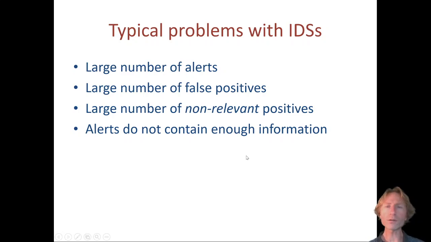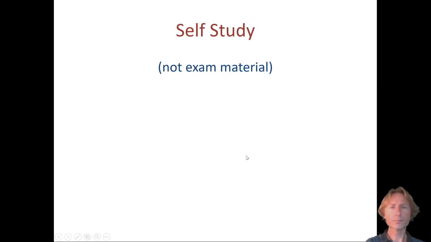Maybe you get a lot of positives on a port scan, which, admittedly may be an indication that an attack might occur, but it's less interesting than the actual attack occurring. So if your most relevant alerts get drowned by all of these other alerts, that is problematic also. And then there's also the problem of many alerts not having enough information, not being descriptive enough.